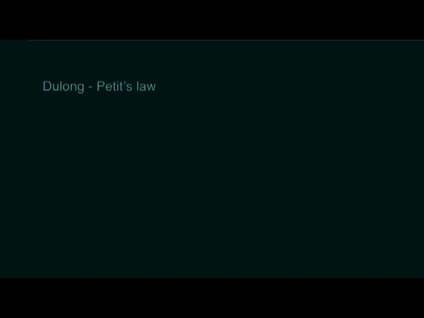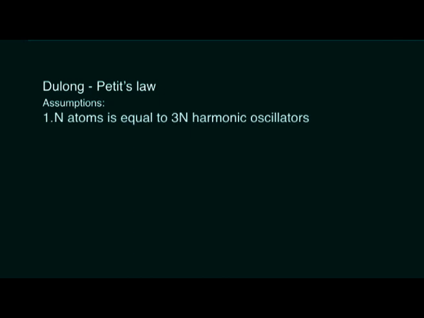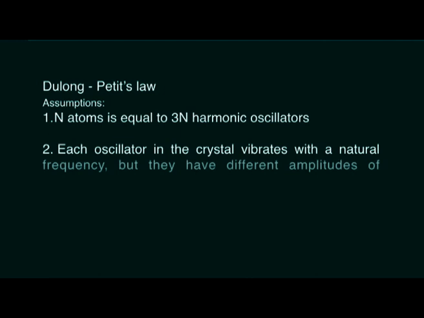So, let us see what the Dulong-Petit law means. In all these models there are certain central assumptions involved, which are very critical in deciding what the law will predict. In the Dulong-Petit law, three major assumptions are involved. One, n atoms are equal to 3n harmonic oscillators, quite simple, right.